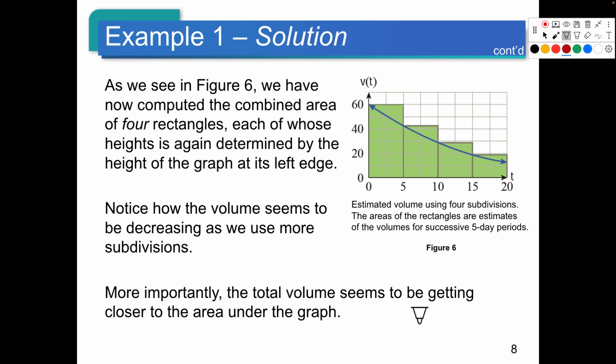Now, if you were taking this in engineering, they do the same thing, but they do left sums, right sums, mid sums. All the homework we're giving you is always going to be a left sum. So they will look like this, where the left corner of the rectangle is touching the graph.